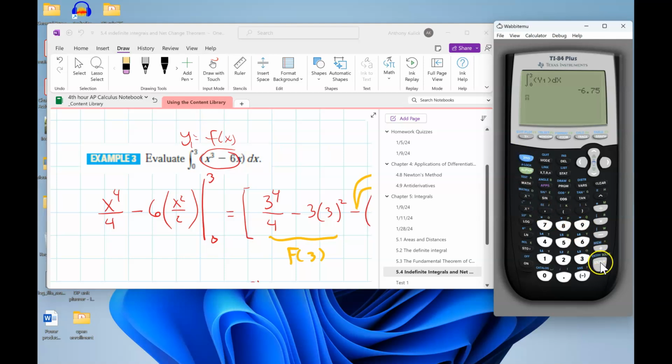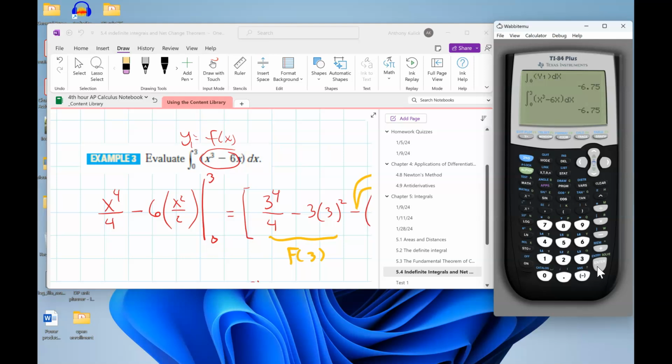Now, alternatively, instead of putting the function into y1, you can just type it right inside your integral directly. That works also. You can do it that way. But every definite integral can be done on your calculator.